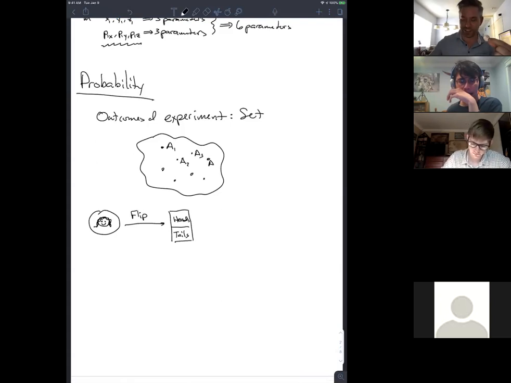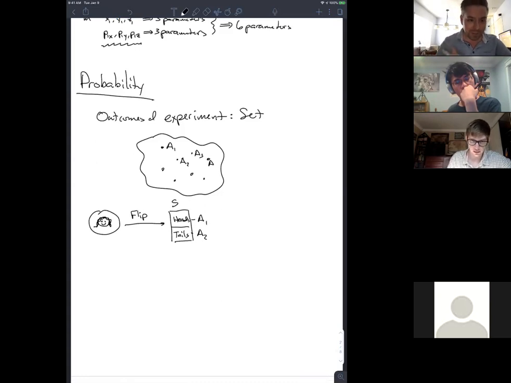So the set of possible outcomes is those two things. Heads, for example, would be outcome A1, and tails would be outcome A2. Make sense? All right, very good. So this is my set S of possible outcomes. These two guys, A1 and A2, are the elements that make up that set.